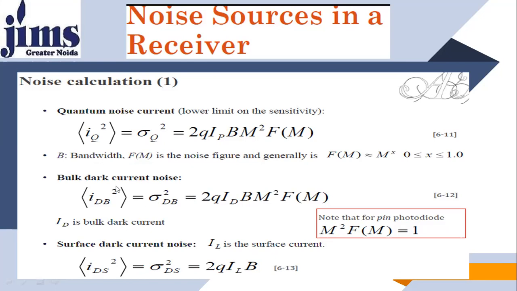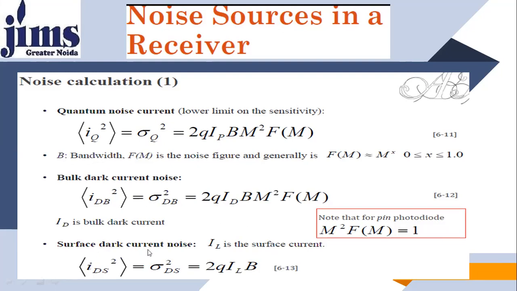So now we have dark current. This represents dark current noise power, and is equal to 2 q ID B M square FM. Instead of IP it is ID, the dark current. B is bandwidth, M is the gain factor, and FM is the noise figure.